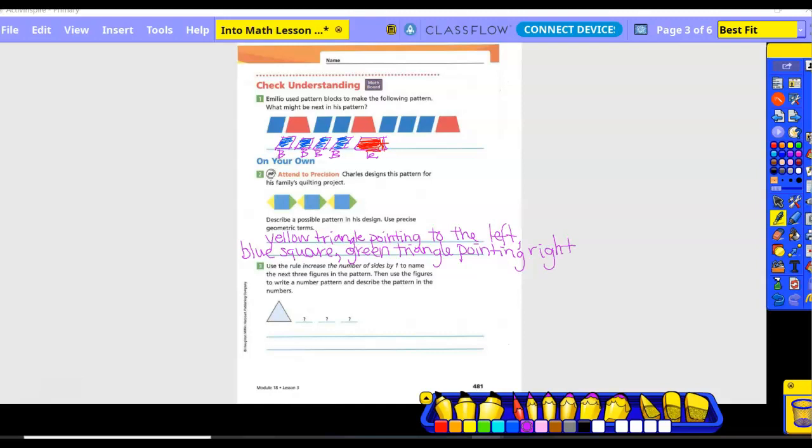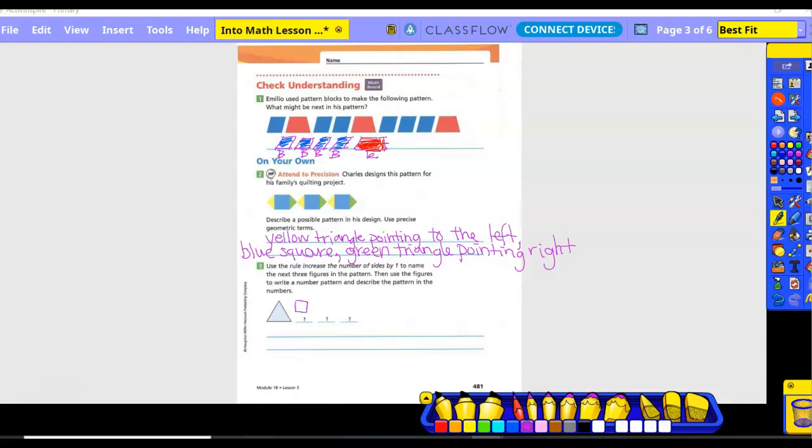Number 3, use the rule increase the number of sides by 1 to name the next 3 figures in the pattern. Then use the figures to write the number pattern and describe the pattern in the numbers. So you could do anything. We could do a triangle, and then we could do a square, right?